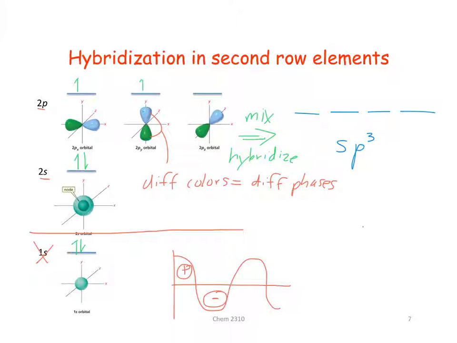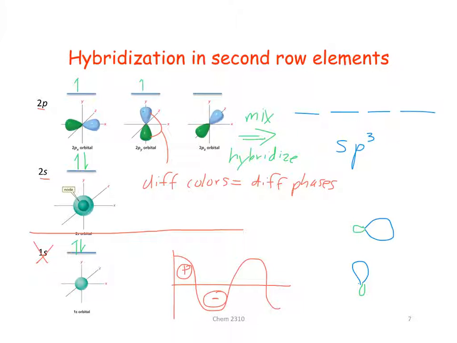All right, so the way sp3 orbitals look, if we're going to draw these, is they're going to look a lot like p, but they're going to be bigger on one side than they are on the other. So this is the sp3 orbital, and we have 4 of them, so they can orient themselves as far apart as possible along the corners of a tetrahedron.